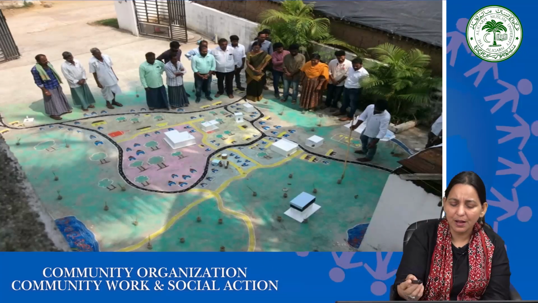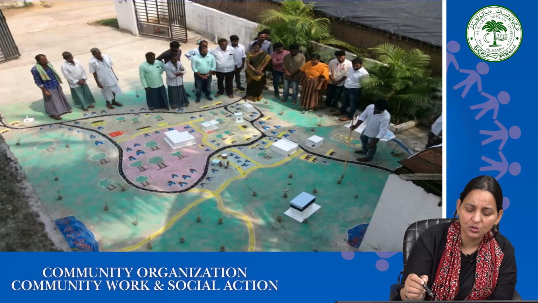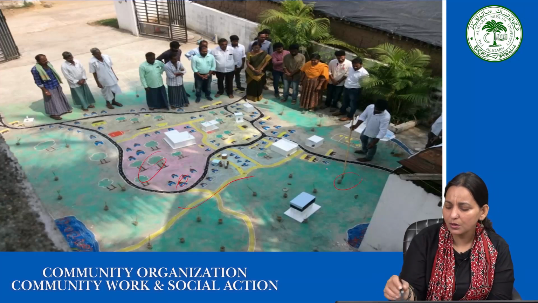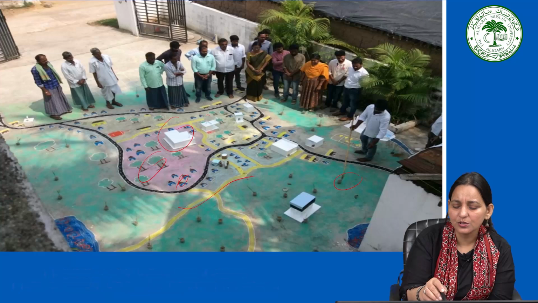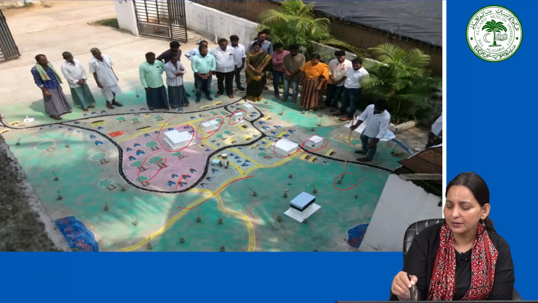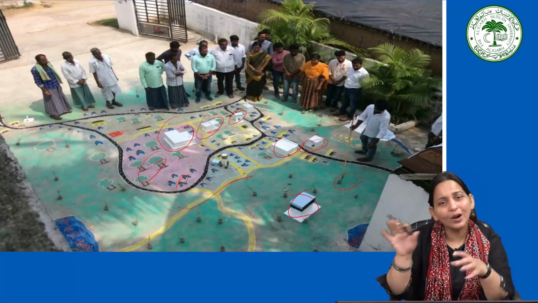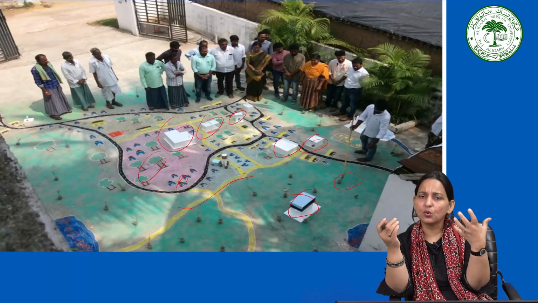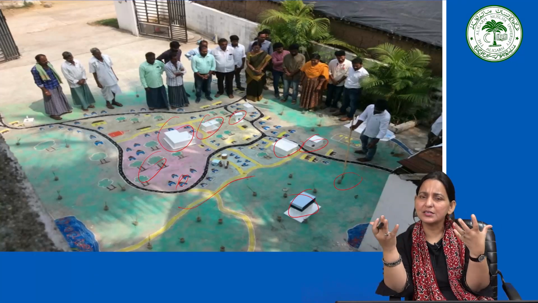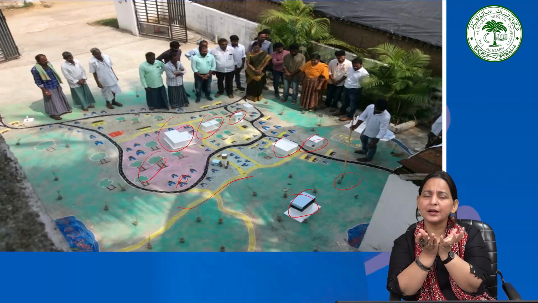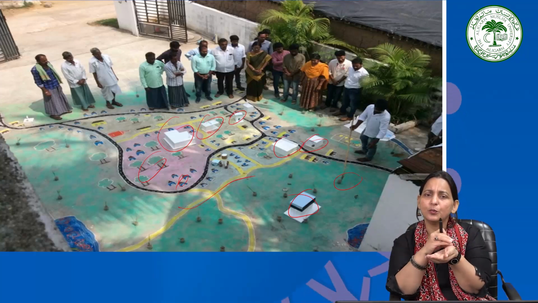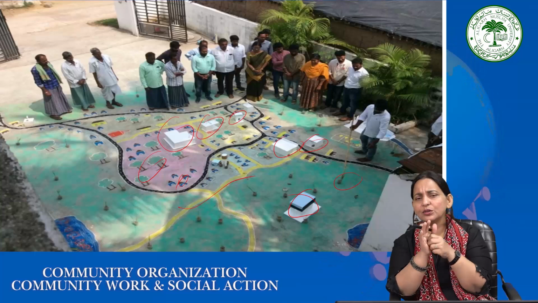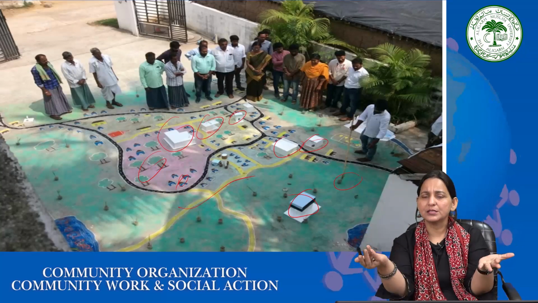But in this map, it is totally about resource mapping: the trees, houses, roads, ponds, and apart from that, it is also using some kind of models put here. Modeling altogether is about showing and representing the whole visualization of the community through miniature things. You put all the miniatures into that whole modeling aspect.